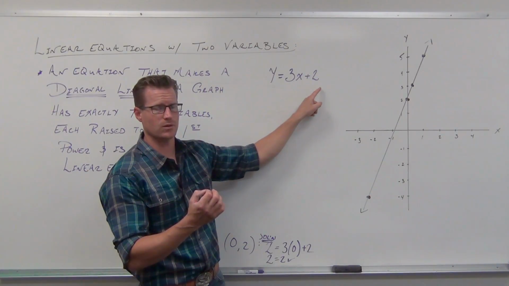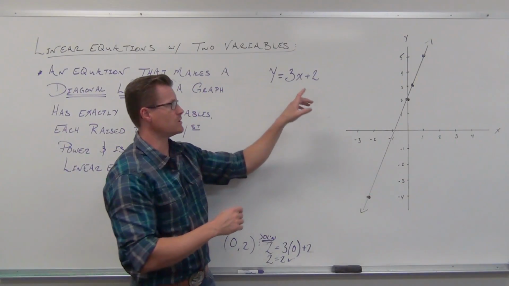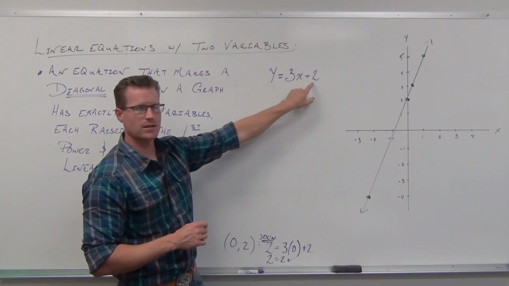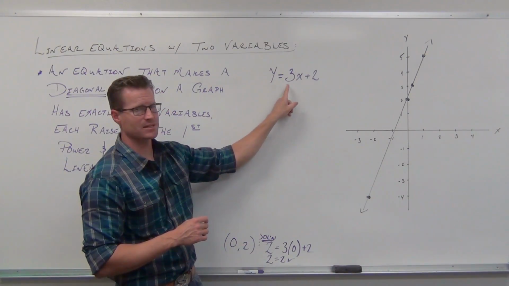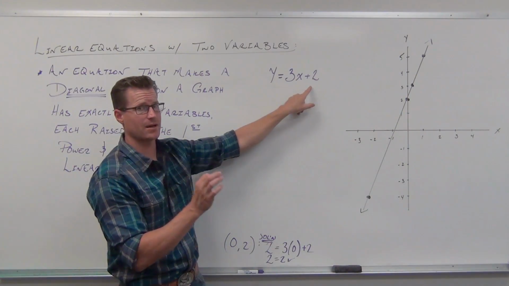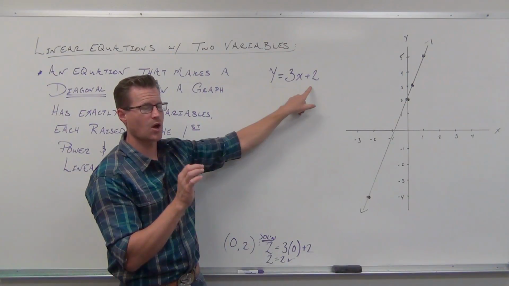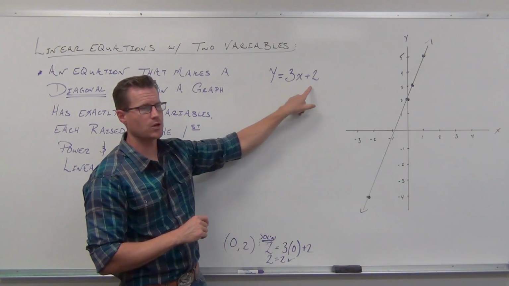I promise I'm going to teach you all about it. I don't ever skip. I don't ever not explain things. I will explain all this to you. But if you have this in this form, that constant at the very end, after your x, with y isolated on one side, x on the other side, and a number being added or subtracted, that number will always, always tell you your y-intercept, no matter what.